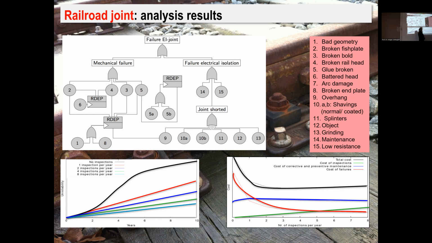If you do no maintenance, your costs are very high. If you do 1 inspection per year, it decreases, and after a while, it doesn't matter anymore to do more inspections.